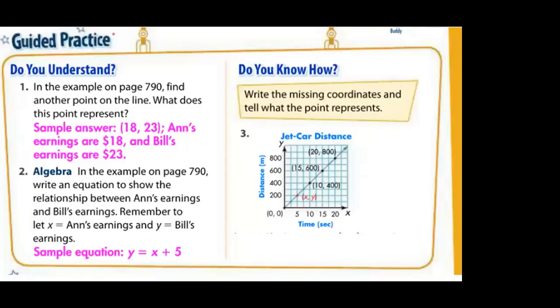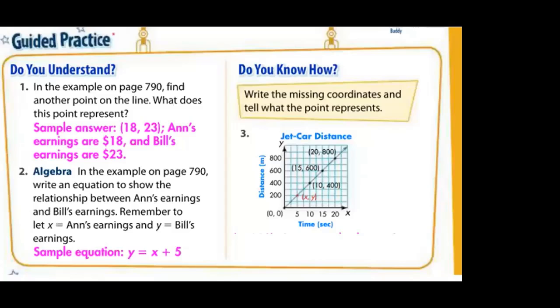He asked you to get the coordinates or the ordered pair for the first point. He wrote it in red, X and Y. X equals what? And Y equals what?